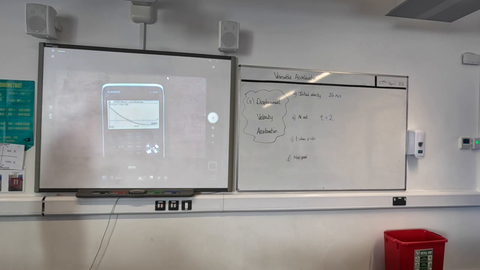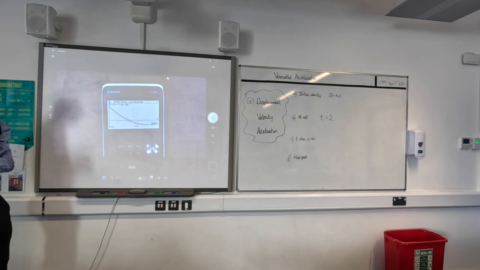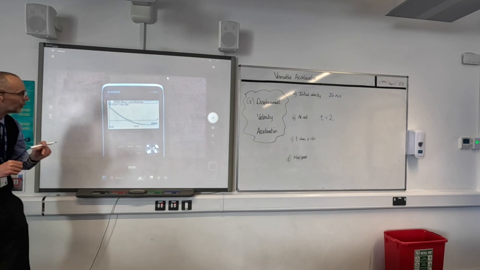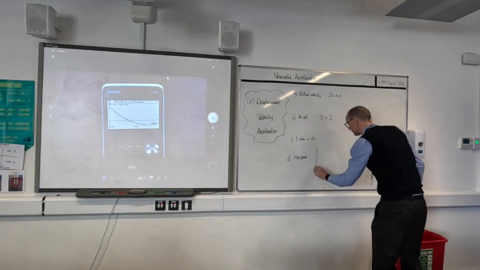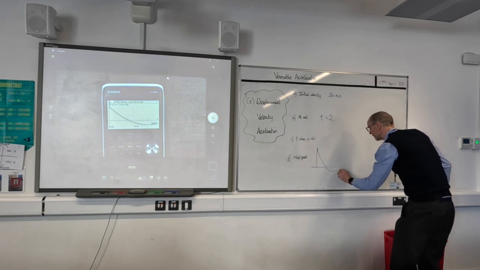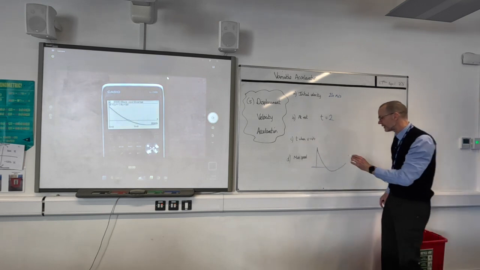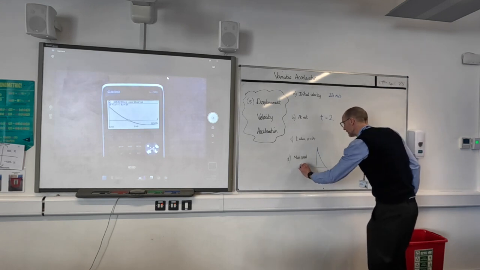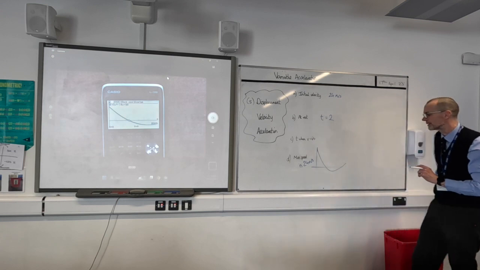The maximum speed within that 0 to 5 range, well I know what shape this graph is. It's a parabola, and I know that it starts at 24. So I would just do a little sketch like that and say maximum speed is at the beginning, 24 meters per second.